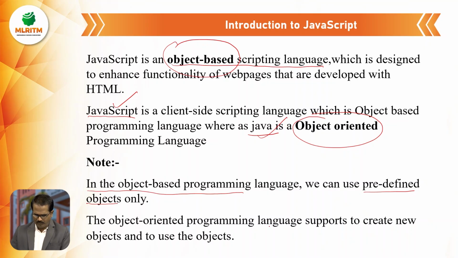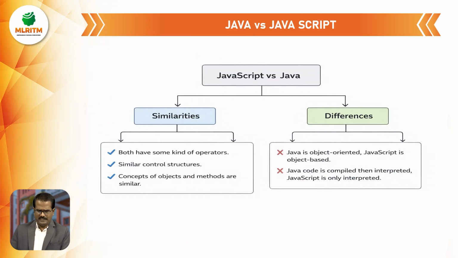So the object-oriented programming language supports creating new objects and using the existing objects also. That is the variation between object-based and object-oriented programming languages. JavaScript is an object-based programming language or scripting language.